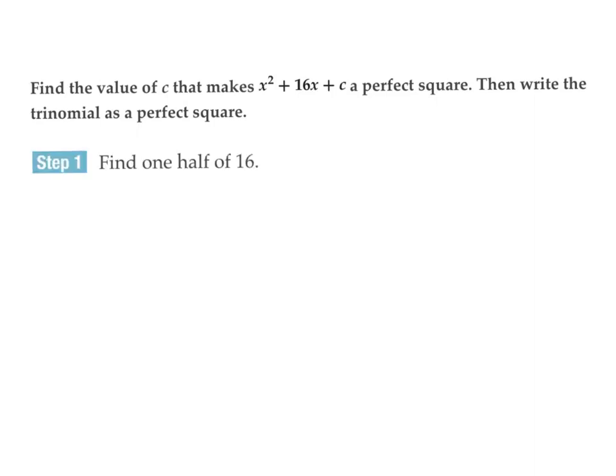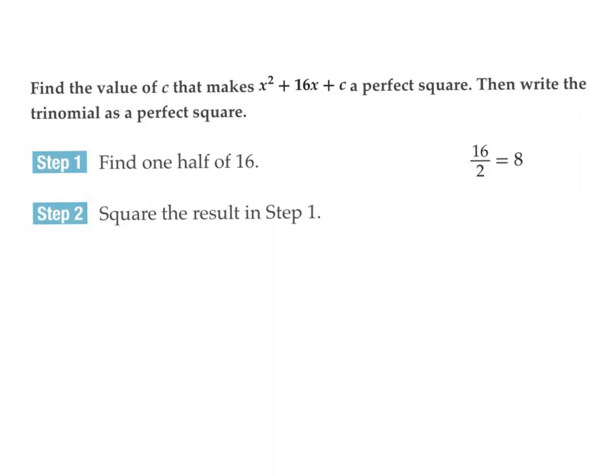So the first thing I'm going to do is I'm going to find half of 16, this middle term. Because that's undoing the times 2 that we've been doing, right? So what's half of 16? 8. So I'm working with 8. And then I'm going to square that number.